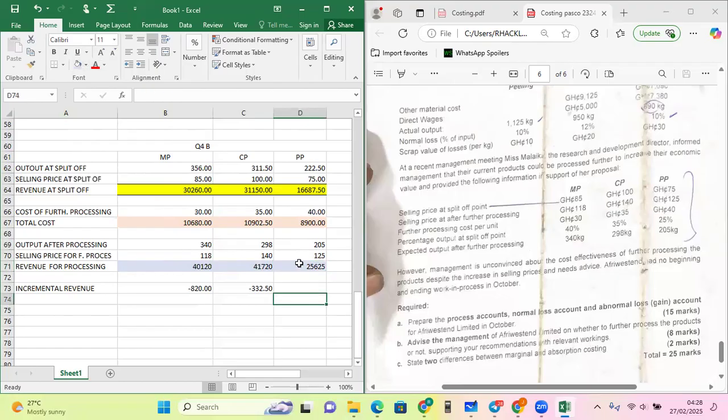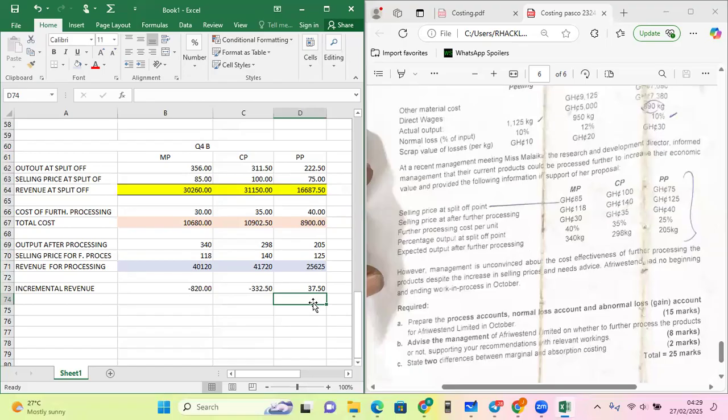Right. Now the next one here equals this minus this minus this. Boom. We had a positive figure here of 37.5.